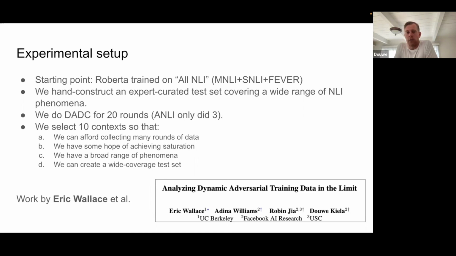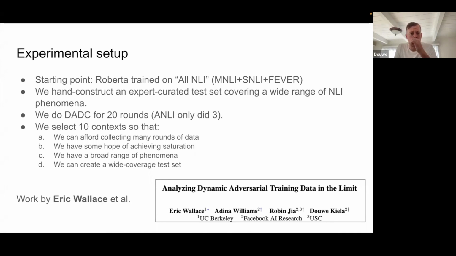So this is a test set that tests how good you really are at ANLI, and it's designed by ANLI experts like Adina and Eric and Robin as well, who generated examples that any self-respecting state-of-the-art ANLI model should get right.